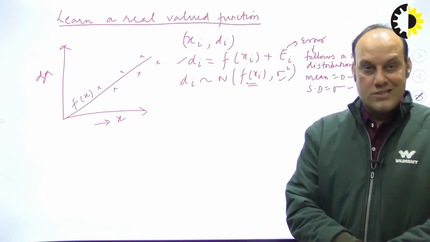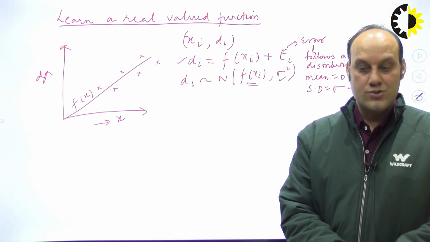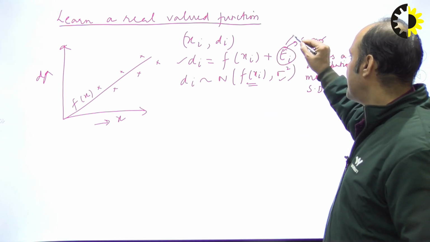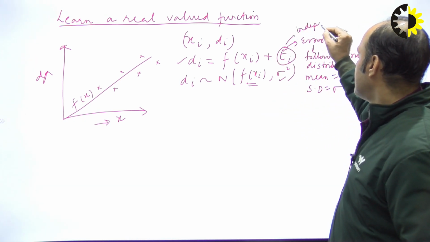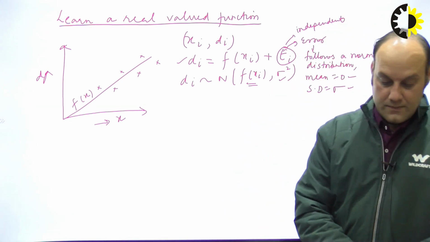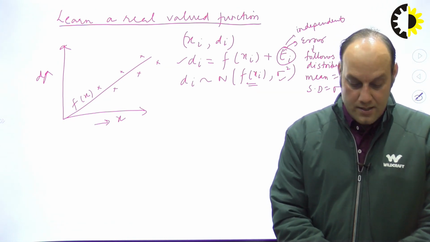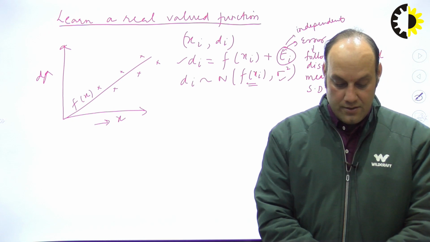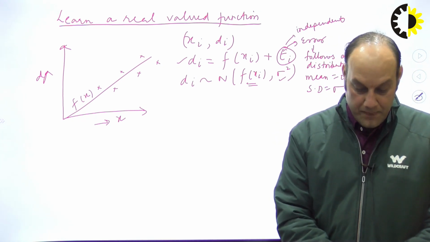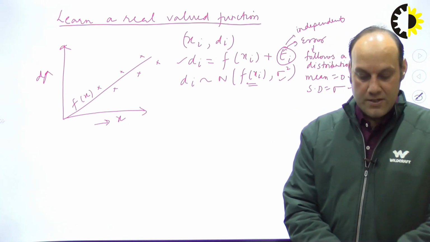this error term. So this is how data is generated, and let us assume that epsilon i is independent, that is, it is independently generated for the individual instances, where epsilon i are independent for different instances, and it is a Gaussian with 0 mean and variance sigma square.